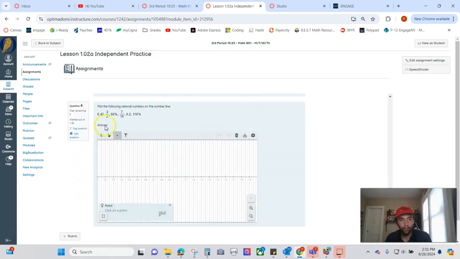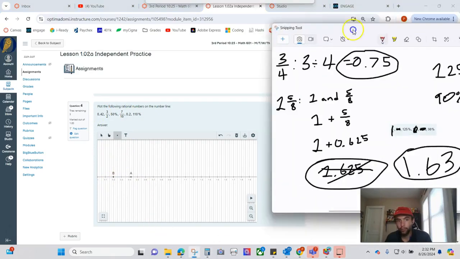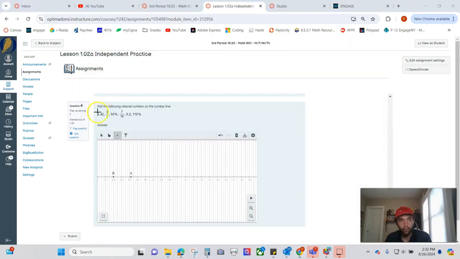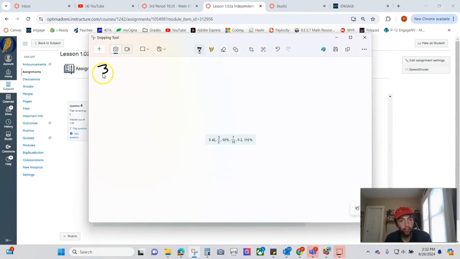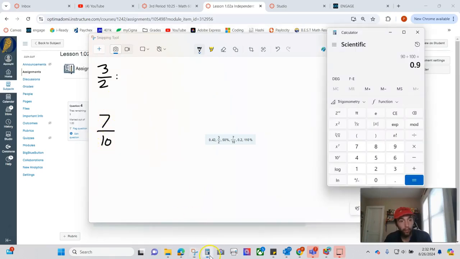So let's start with these decimals. A little faster. 0.42 and 0.2. Now, let's turn these fractions into decimals and plot those next. We can turn fractions into decimals by doing the top number divided by the bottom number with our calculator.